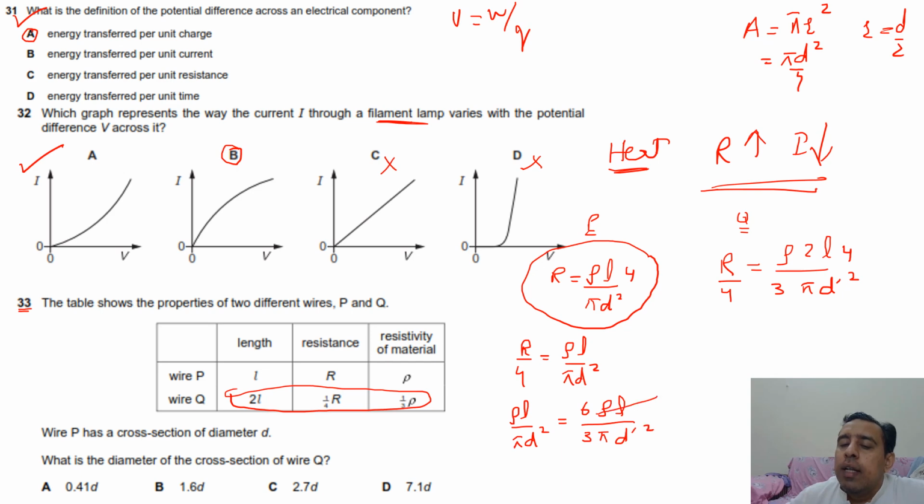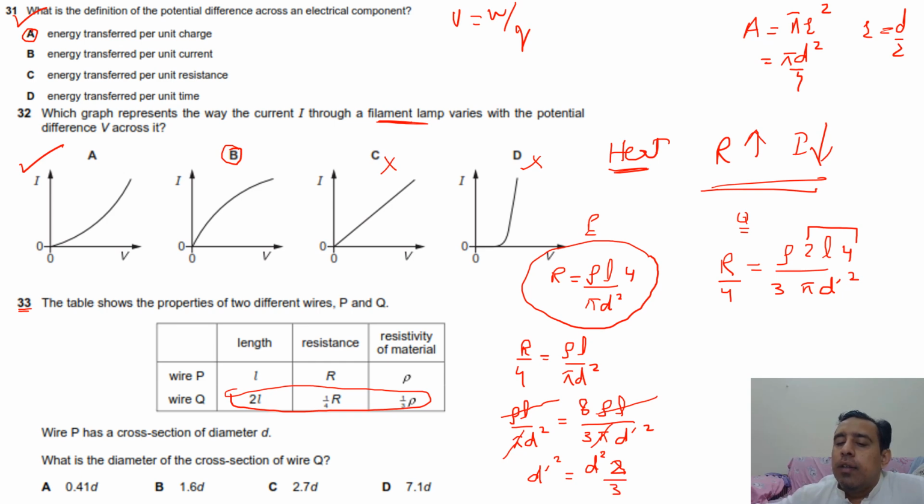This rho L is cancelled with rho L. This pi is cancelled with this pi. So D dash square is equal to, by cross multiplying, D square times 2... I think there is some mistake. Yes, it is. 4 2s are 8, so this should be 8. So it is 8 by 3.